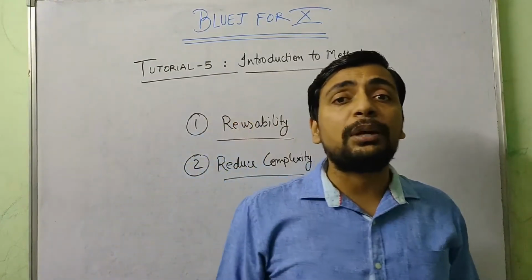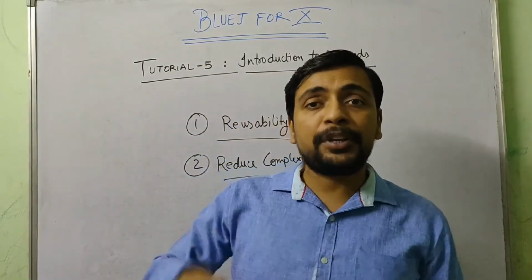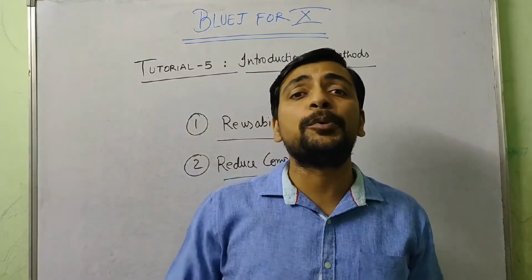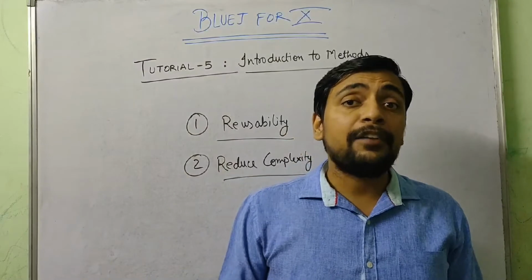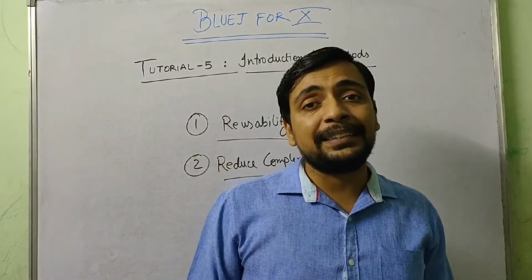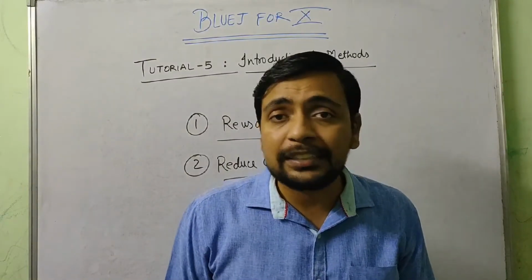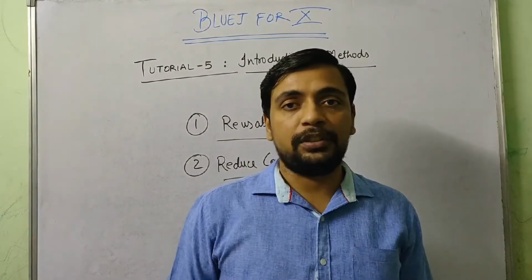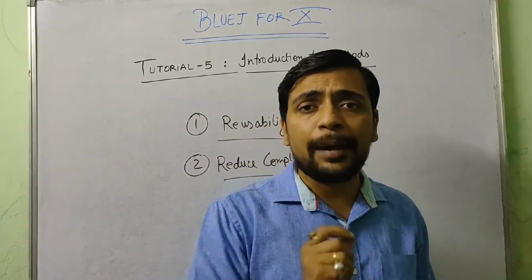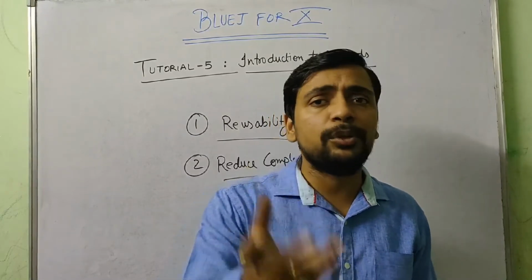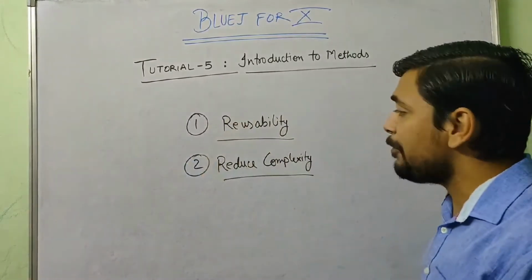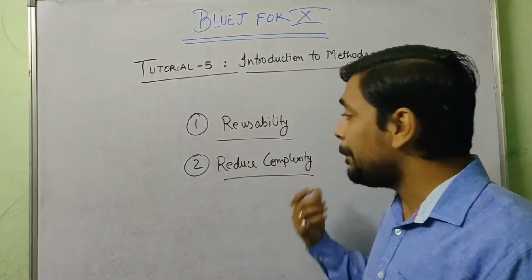Like, calculating cube root in programming is definitely complex, but the complexity is hidden, and we don't need to think about it. All that we need to think about is the syntax, the way to call the CBRT function. If we know the grammar to call the CBRT function, we can do that without even bothering about the complexity. So with the help of a method, we can reduce complexity.